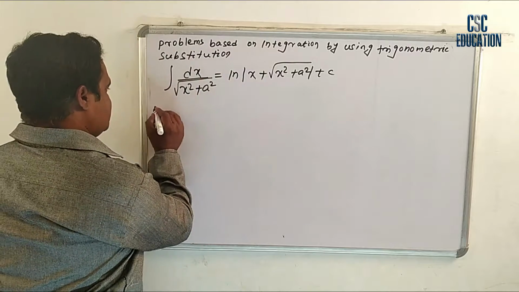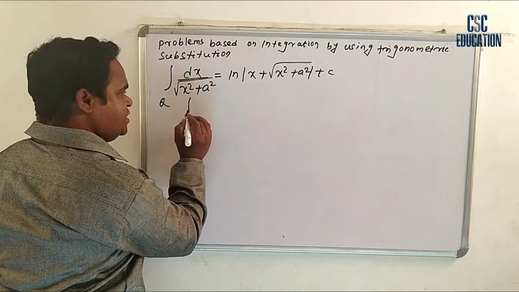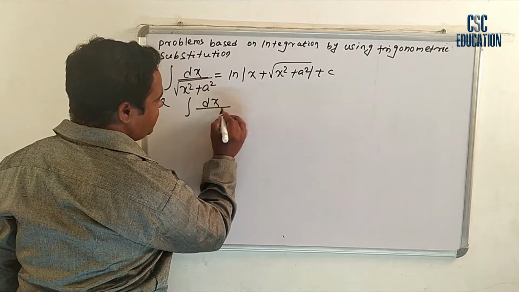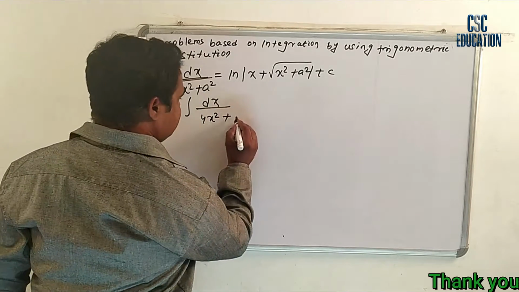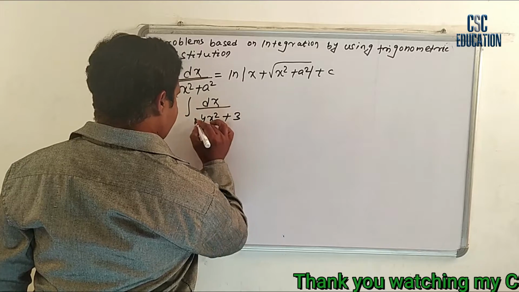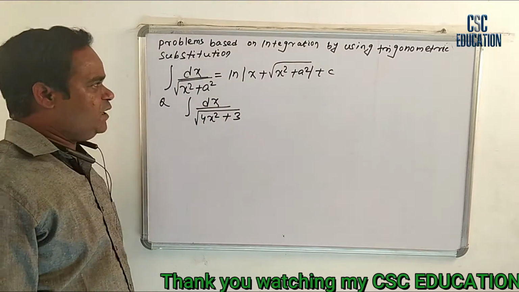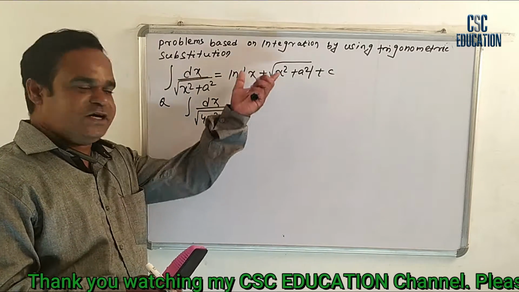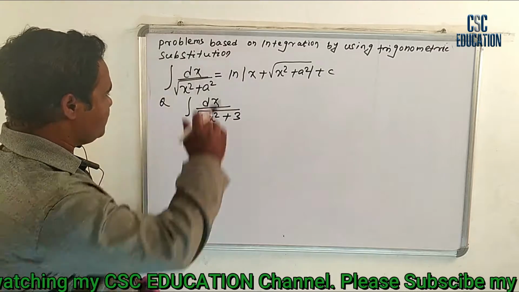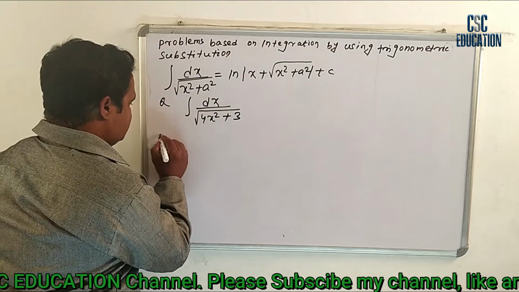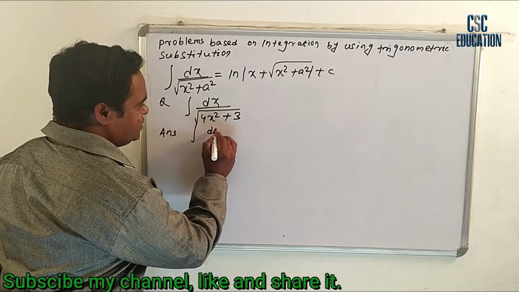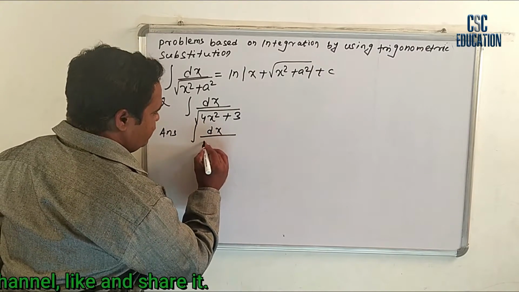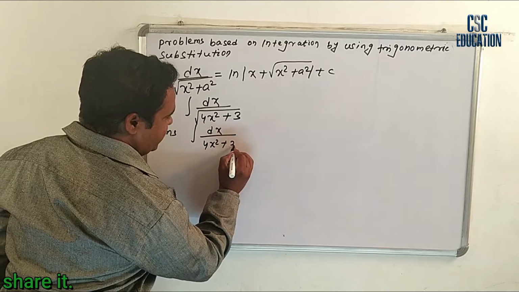The question is the integration of dx divided by the square root of 4x square plus 3. I am discussing this related problem today. Now the answer: the integration of dx divided by the square root of 4x square plus 3.